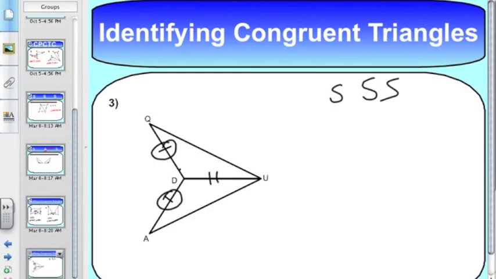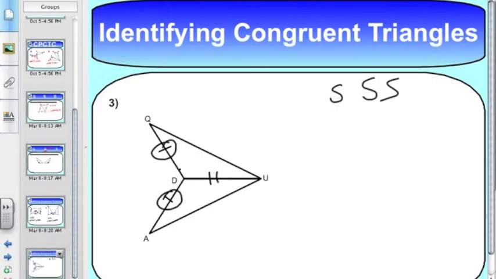And you're thinking to yourself, hey, angle QDU and angle ADU, they look the same. So therefore, that's side angle side. But the problem is, you're making an assumption about the measure of those two angles. You can't make an assumption. When you're identifying congruent triangles, you have to go by what you're given or what you can logically deduce.